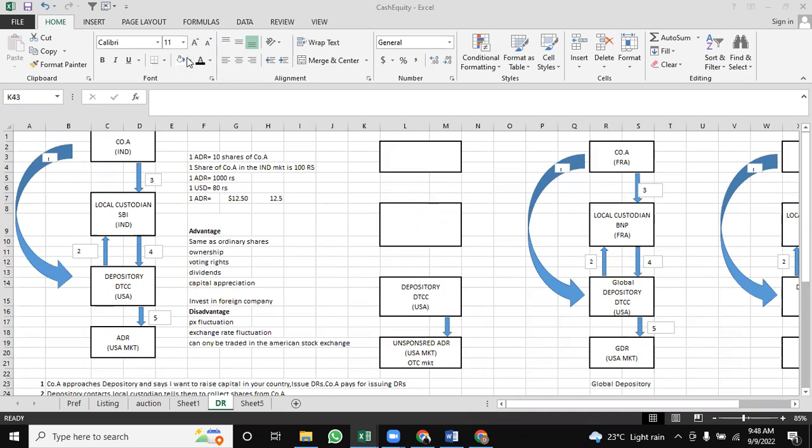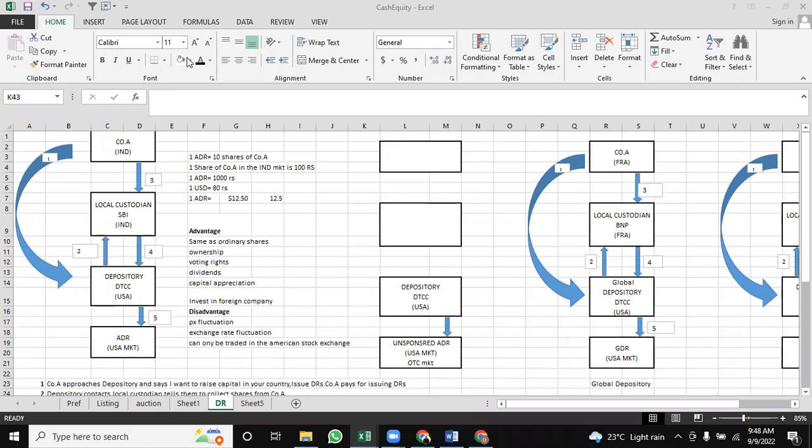Right, next question. Any other questions from cash equity?